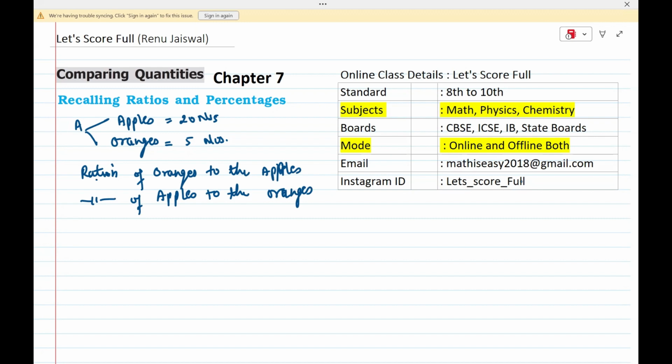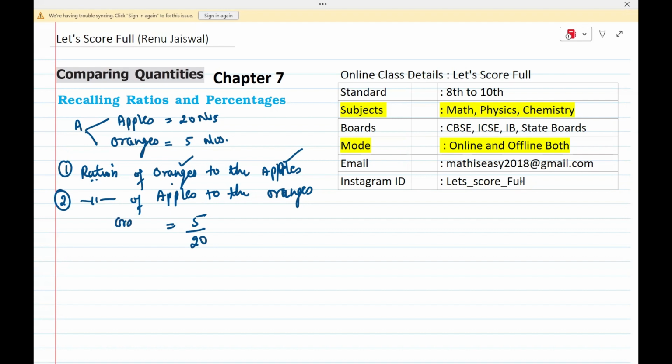So in the first case, suppose this is 1 and this is 2. When it says ratio of oranges to the apple, it means orange has to come to the numerator and apple into the denominator. Oranges are 5 and apples are 20.